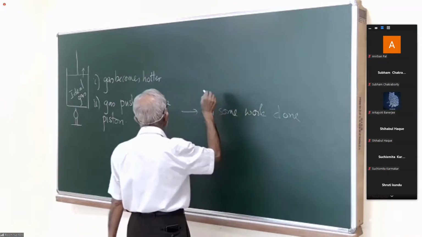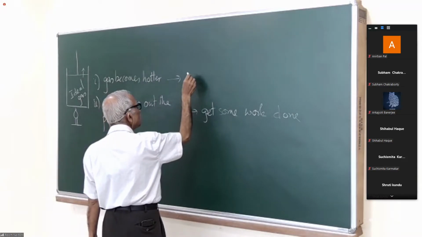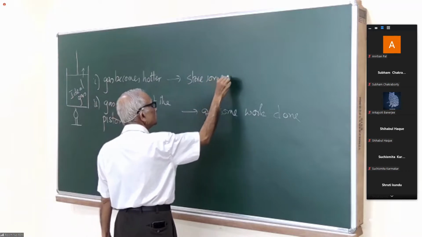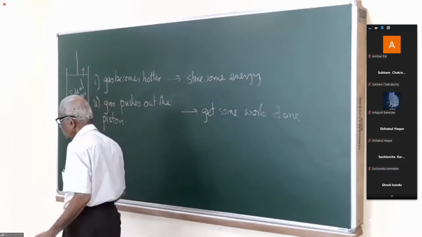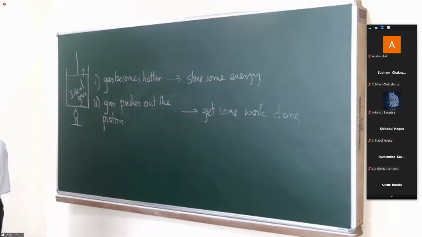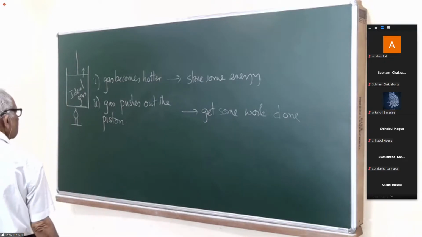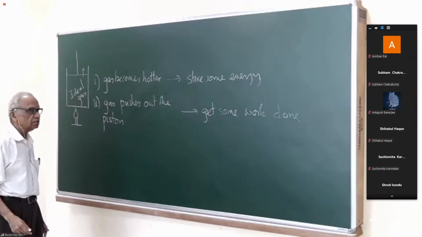And I can also do this to store some energy to be used later. So the hot gas can be used as a store of energy, which I can make some good use of at some later time.